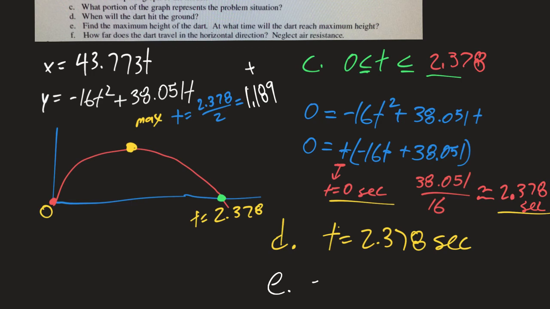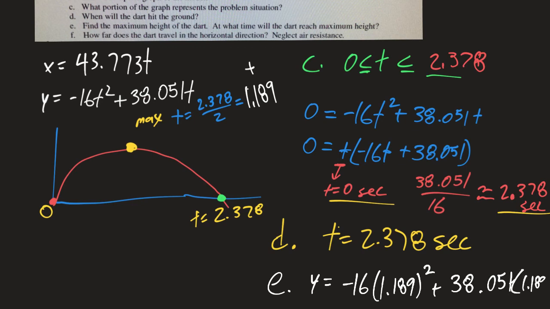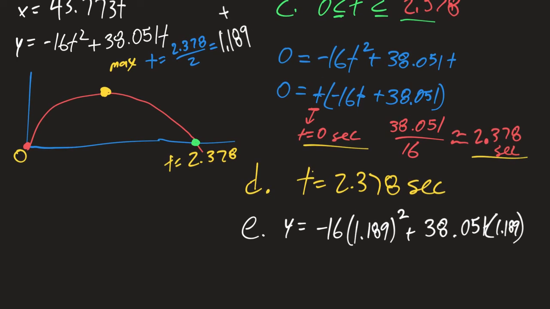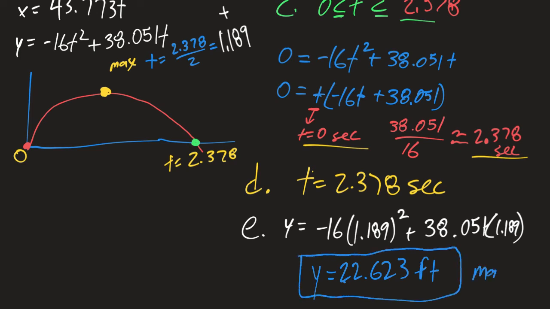So what we'll do is we'll just do y equals negative 16 times 1.189 squared plus 38.051 times that number that we just said, 1.189. Okay, and if we plug this in our calculator, we will get the maximum height should be 22.623 feet.